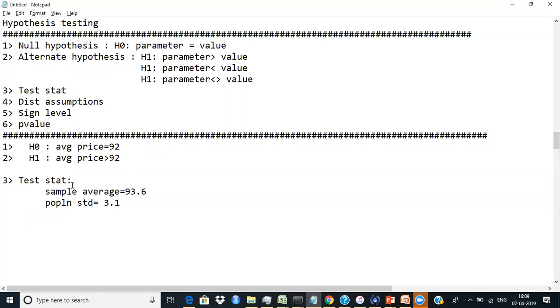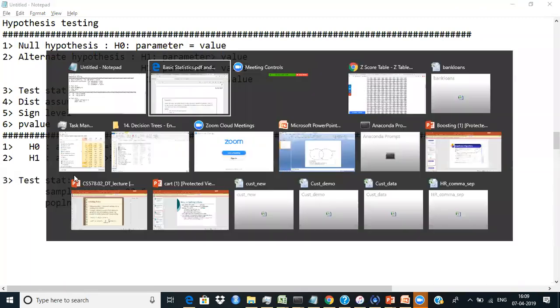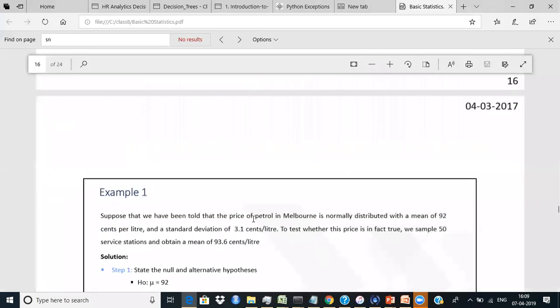This is the information that we have. Now, how do we know what the test statistic should be? If you look at the problem, it says petrol prices are normally distributed.